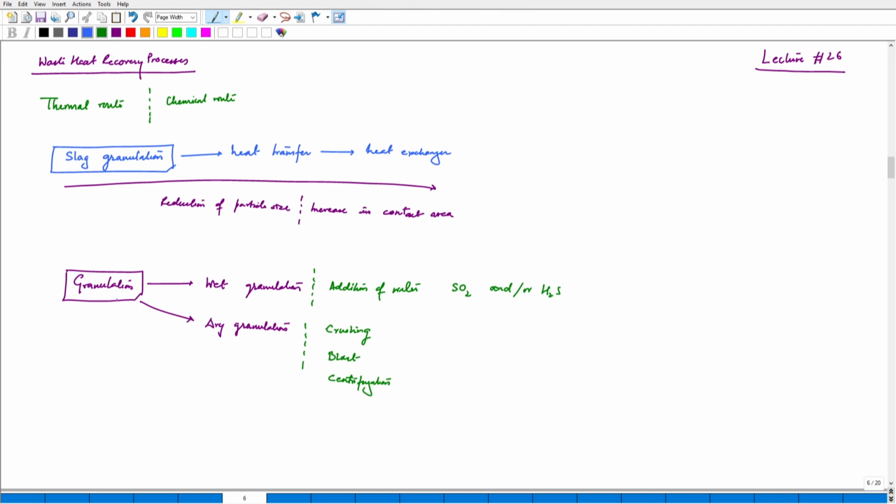Now, we will discuss some parts of this. Crushing, we of course are using drums, or we have agitators for granulation. Blast, we are using high speed air and high pressure gas input.